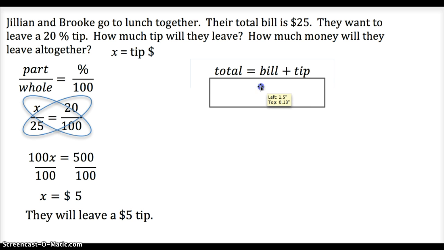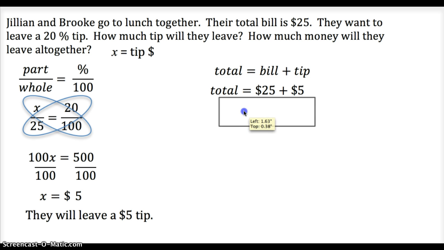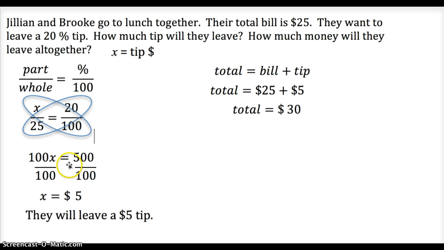So the total is $25 plus 5, which is $30. So that's how you do this problem. You just have to take it step by step. You use what Miss Meckery taught you about solving proportions, and you plug in the values that you know.